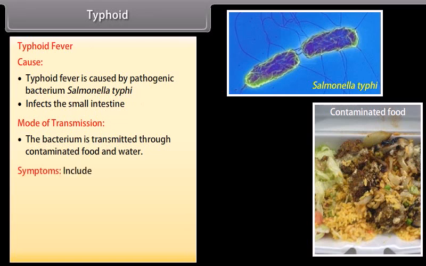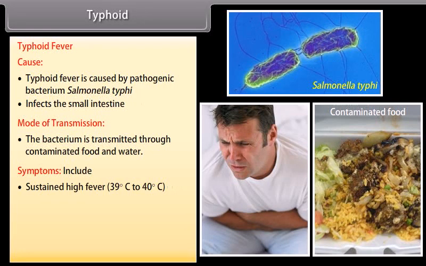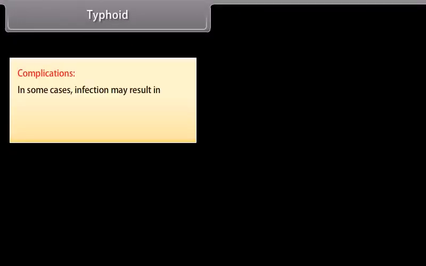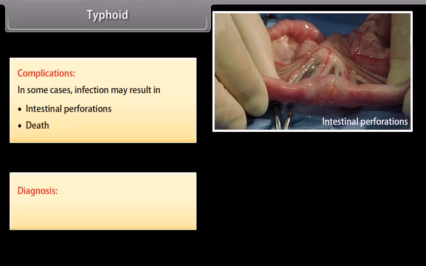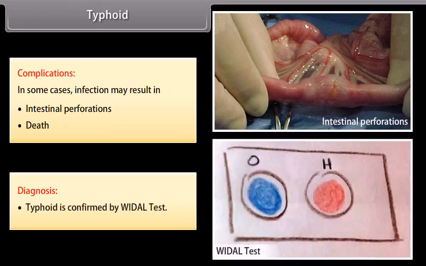Symptoms include sustained high fever of 39 to 40 degrees Celsius, weakness, stomach pain, constipation, headache, and loss of appetite. Complications: in some cases, infection may result in intestinal perforations, death. Diagnosis: typhoid is confirmed by Widal test.